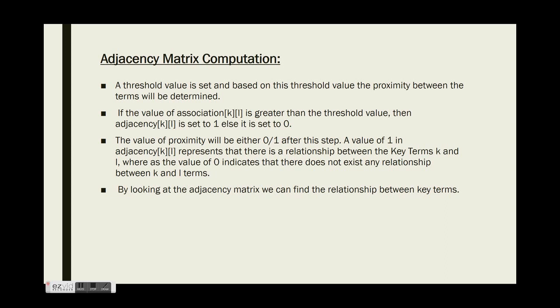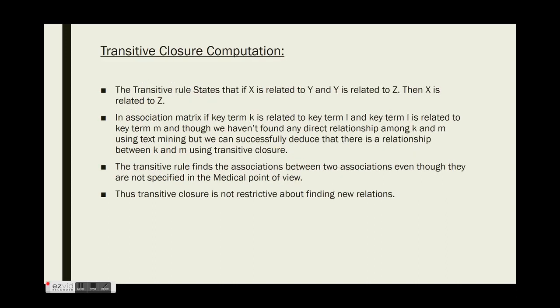So the proximity will be either set to 0 or 1 after these steps. So this depicts the relationship between the key terms. It indicates whether there is a relationship between k and l terms or not. So by looking at the adjacency matrix, we can determine whether there is a relationship between the terms.